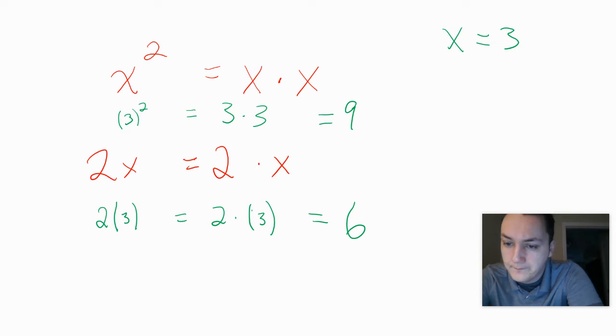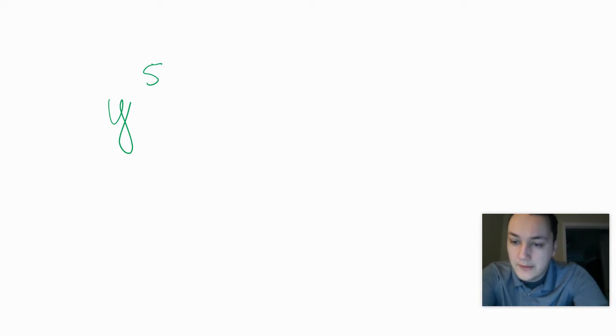Here's another example, and we're just learning about the pure basics of exponents right now. So suppose I gave you, what is y to the 5th power? The 5th power means that we're going to have 5 y's.